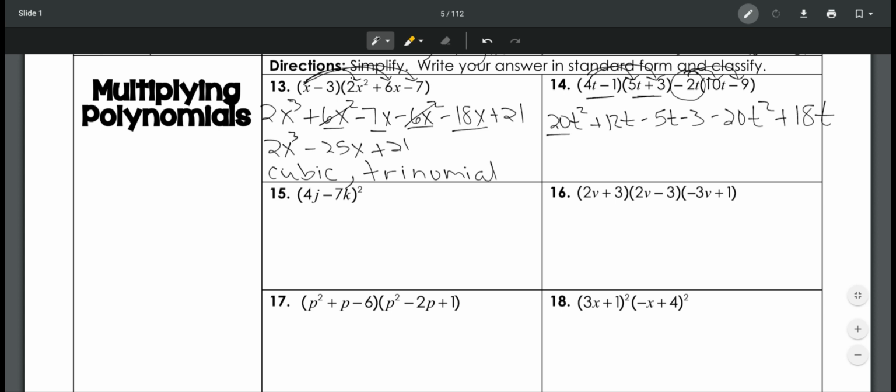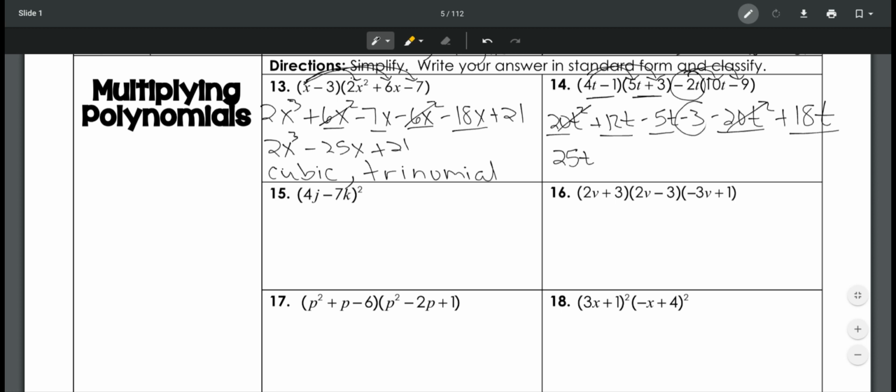So 20t squared and negative 20t squared, they cancel because they add up to 0. I have 12t and negative 5t, which is 7t, and 7t plus 18t gives me 25t. So I had 3 terms to add together, not just 2.